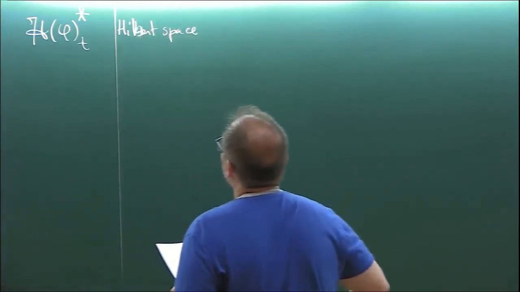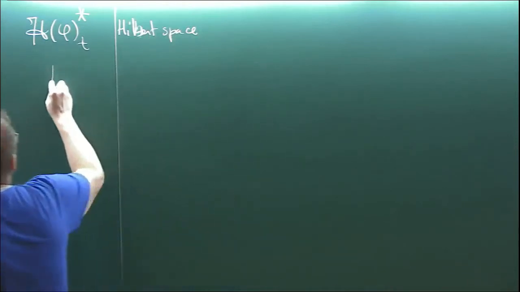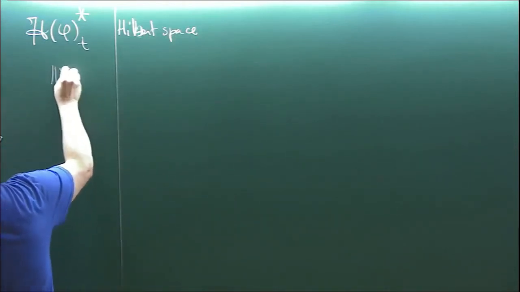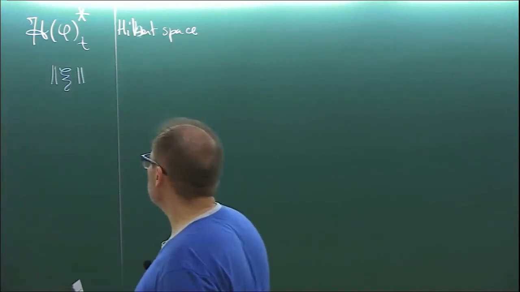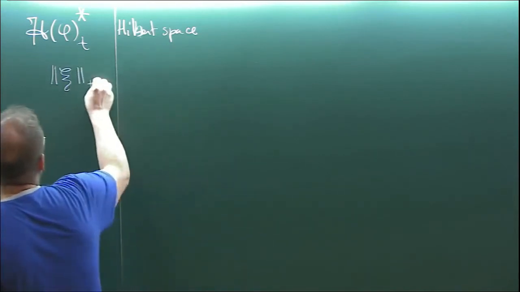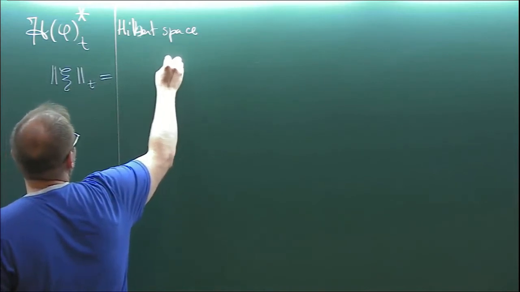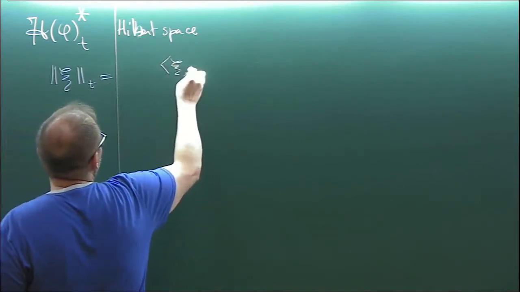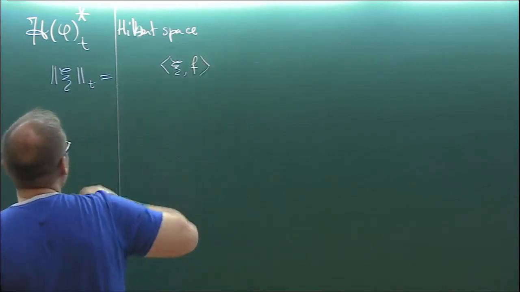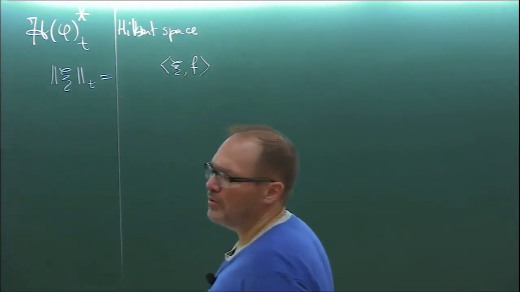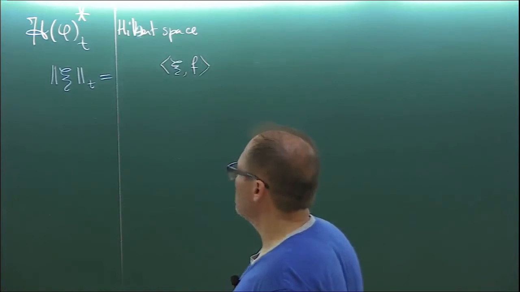The norm of, say, some linear functional C on the fibers, with respect to T, is: you take C and apply the linear transformation to any old non-zero f in the fiber h sub t.